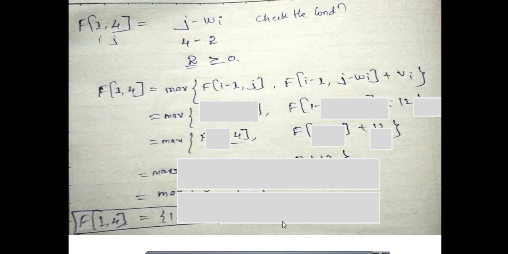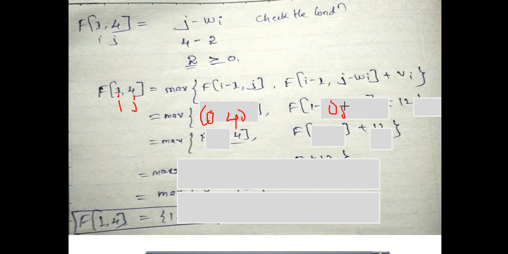Now this is i and this one is j. f of i minus 1, 1 minus 1 is 0, and the j value is 4. This you have to calculate.